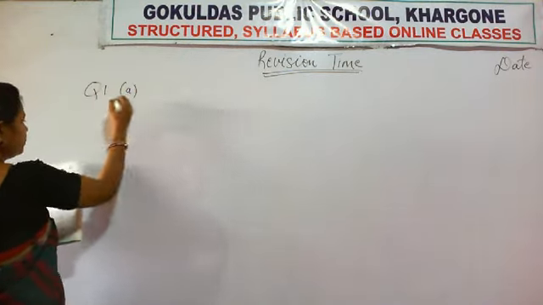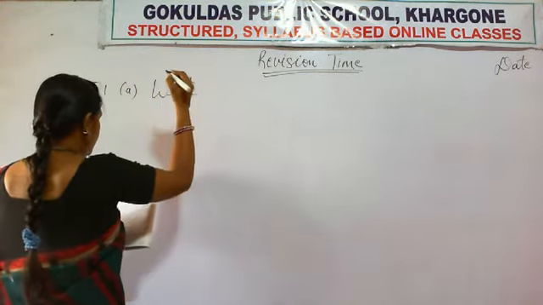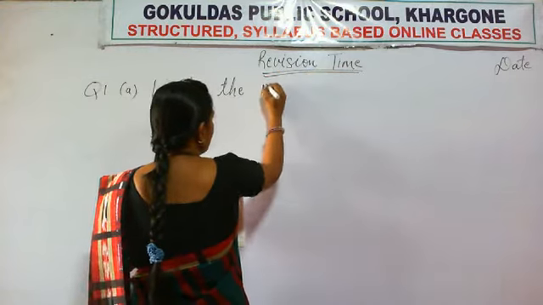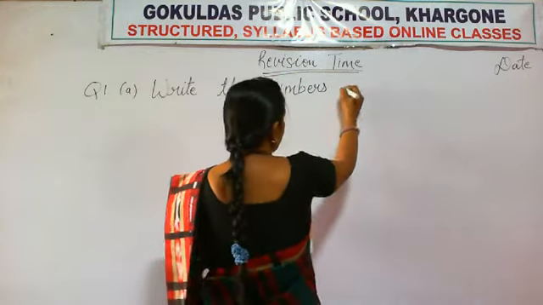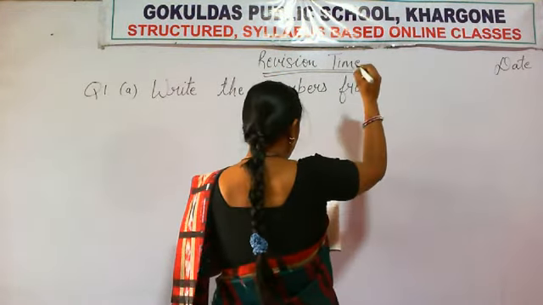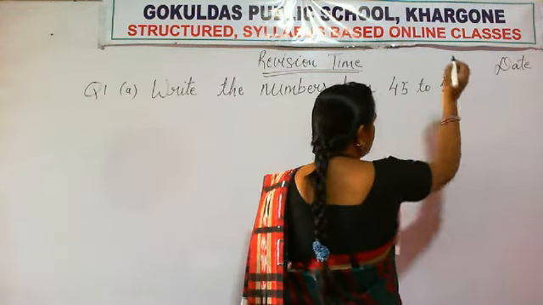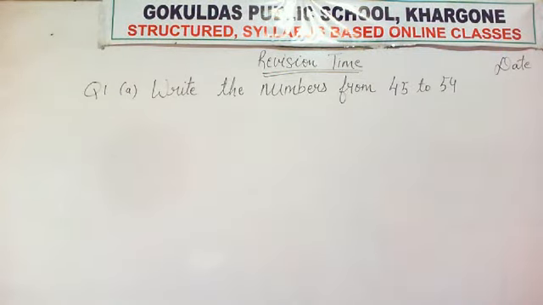Question 1, A. Write the numbers from 45 to 54. First of all, you copy the question. This question is given in the book also. If you want to copy the question from the book, you can copy it from the book also.